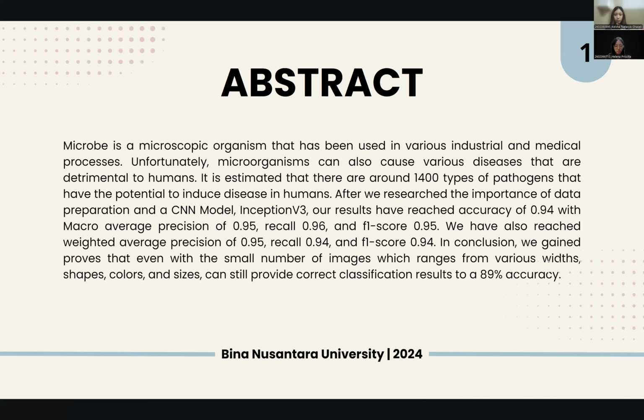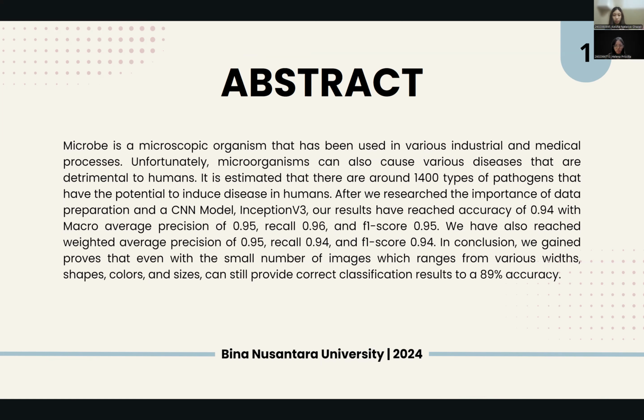After we researched the importance of data preparation and a CNN model, Inception V3, our results have reached an accuracy of 94%, with macro average precision of 95%, recall 96%, and F1 score 95%. We have also reached weighted average precision of 95%, recall 94%, and F1 score 94%.